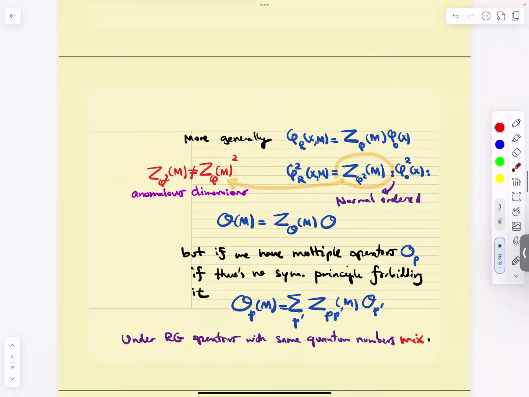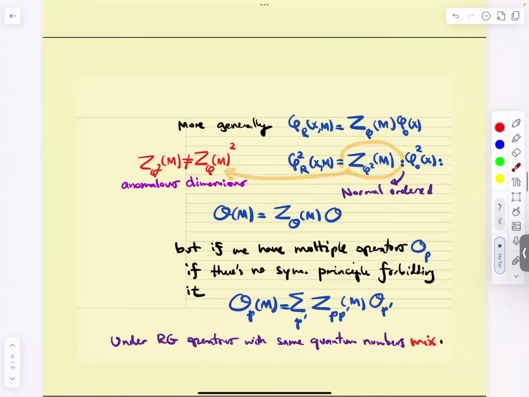All right, so now let's see how to make sense of the renormalized operator squared. So phi of r in renormalized perturbation theory, we define as some Z of phi of m times phi naught of x. Phi of r squared is not this object squared, as we saw in normal ordering.